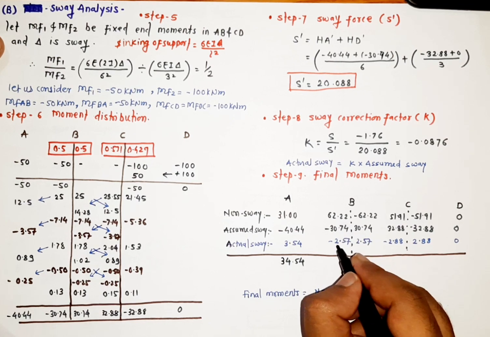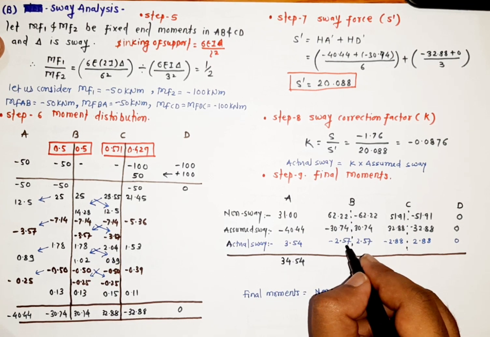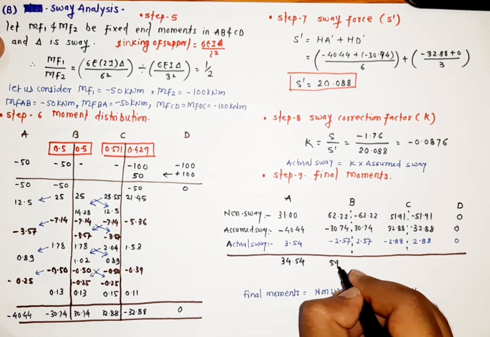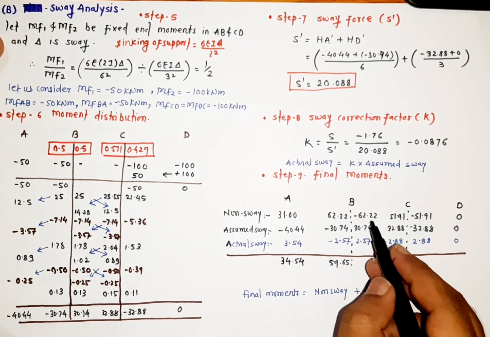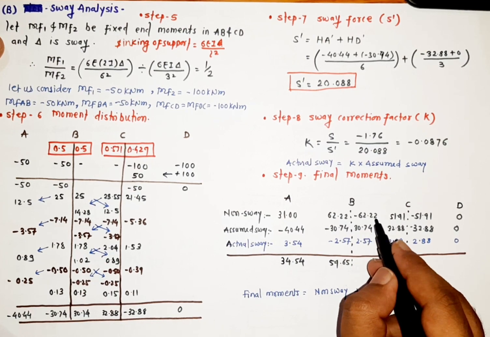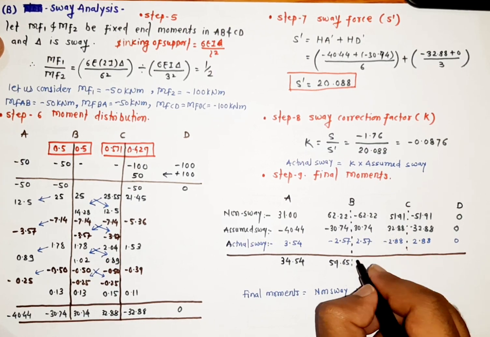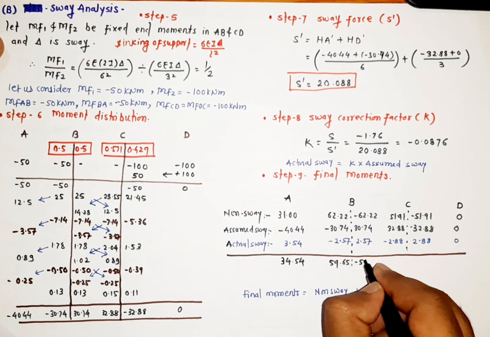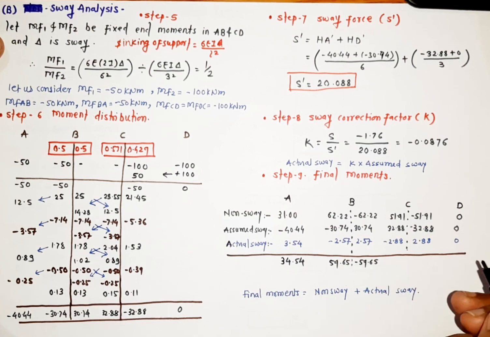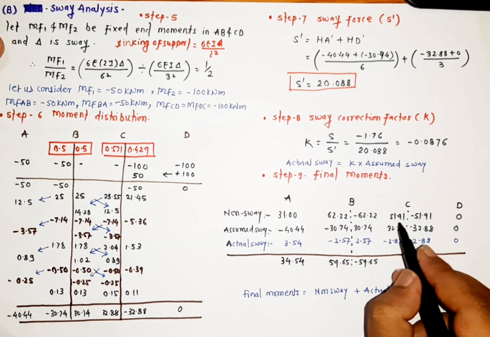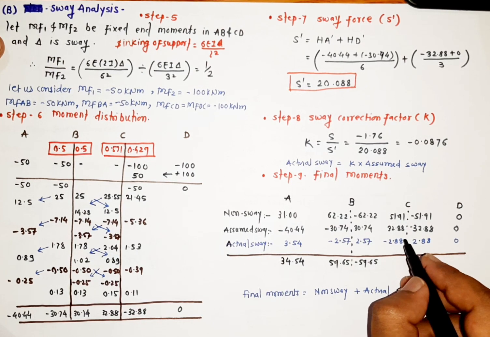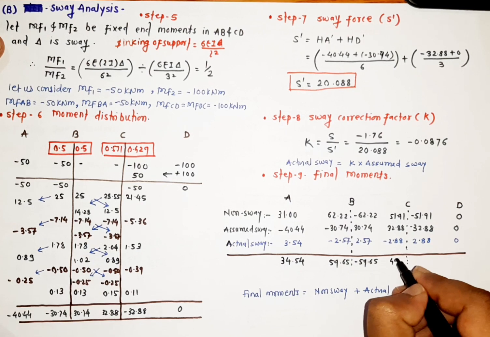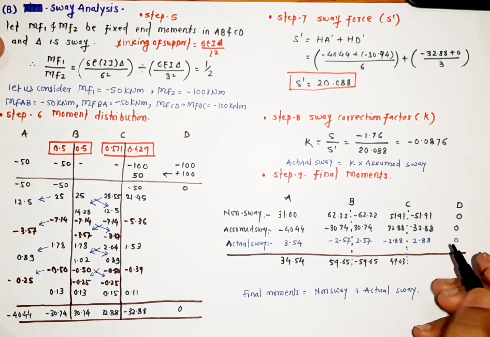The next: 62.22 minus 2.57, it is 59.65. The next, minus 62.22 plus 2.57, it is again minus 59.65. The next, 51.91 minus 2.88, it will be 49.03.